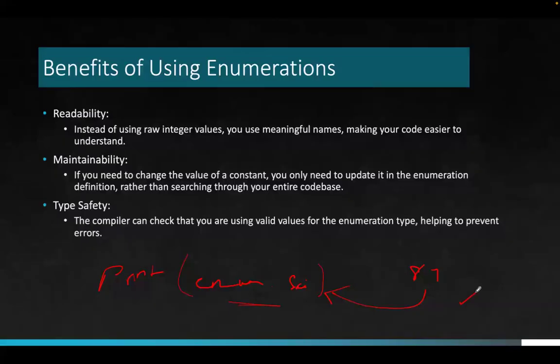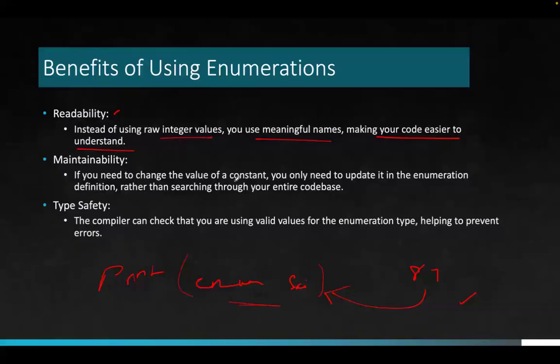Instead of storing every variable, if I want to store this in a struct or something, I need to use ID equal to 87, and like that you have to do it for every variable for every entity. Instead of that, you can use enum. So for readability, instead of using raw integer values, you can use meaningful names, making your code easier to understand. Next is maintainability.